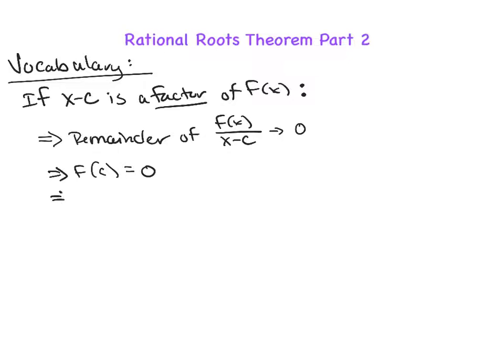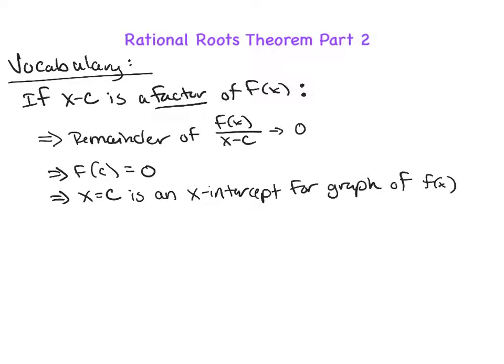That means that x equals c is an x-intercept, assuming that it's a real number, for the graph of f of x. And we have a lot of words for x-intercept. X-intercepts are called roots, and they're also called zeros because they make the function equal to 0.